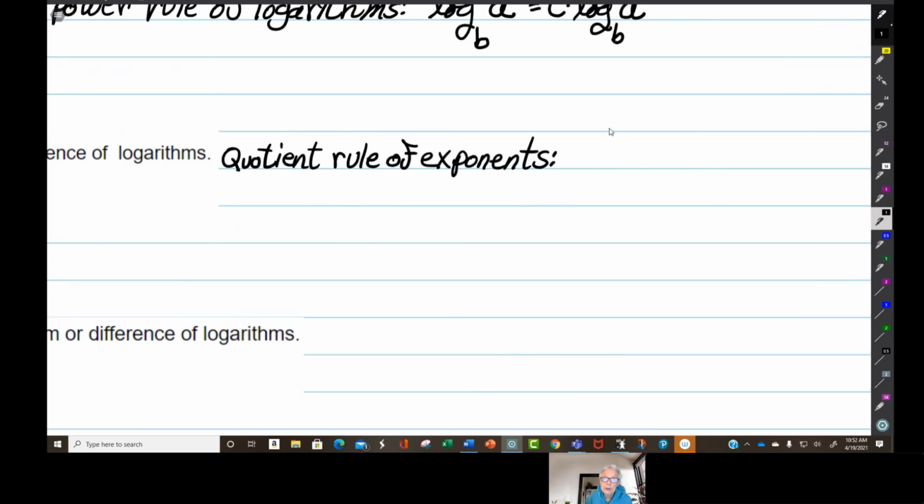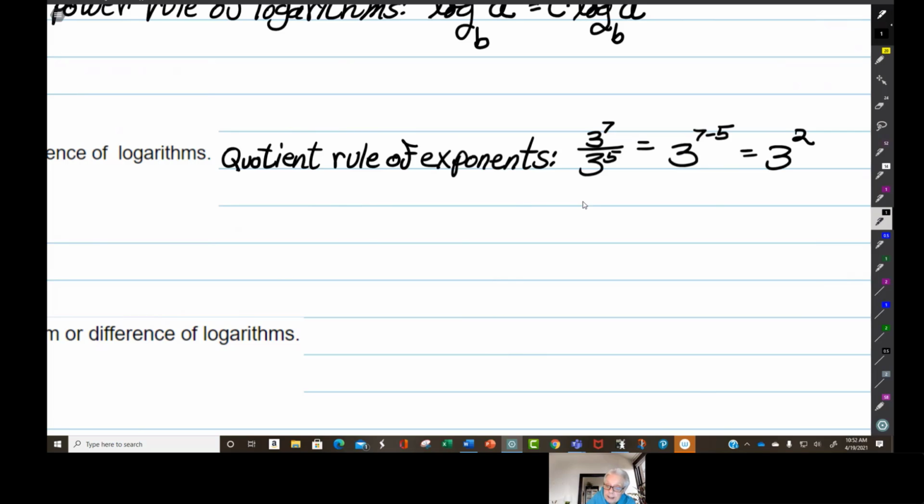I keep using the base 3. 3 to the 7th over 3 to the 5th is 3 to the 7 minus 5. So that'll be 3 to the 2.